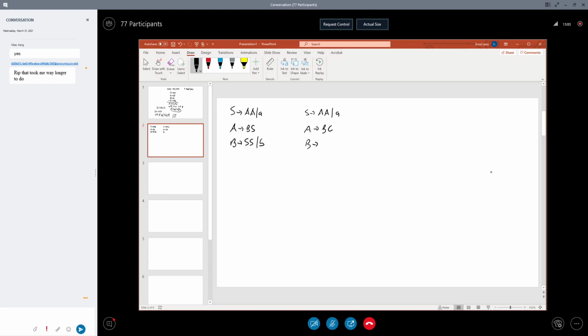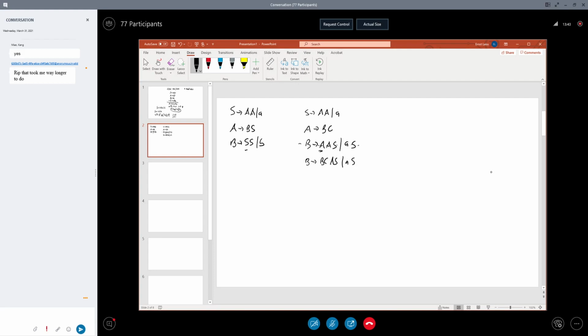B, there we have an S, which means we have to replace that S by capital A followed by the S, or little a followed by the S. And then of course we have B goes to b. I'm assuming the order is S, A, B. So we have B goes to, well, there's the A, so we have to replace that by BC AS. And then we have AS, so we got that.